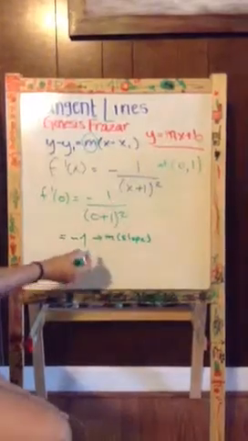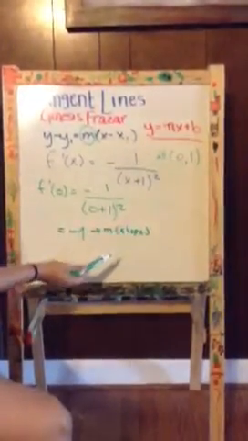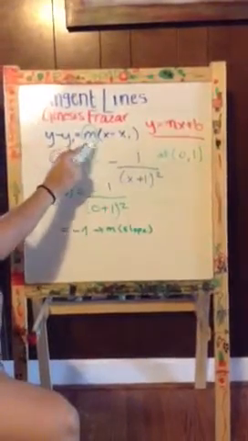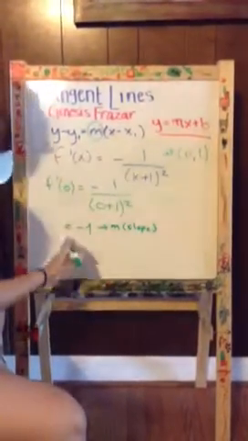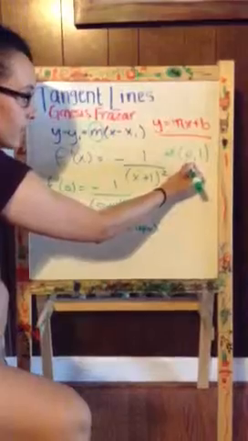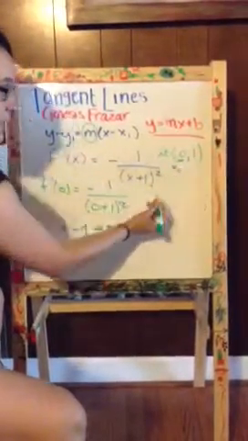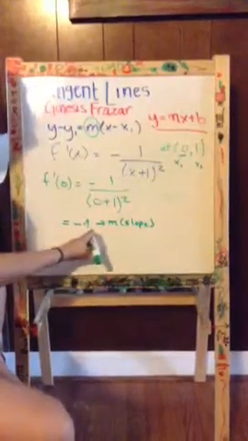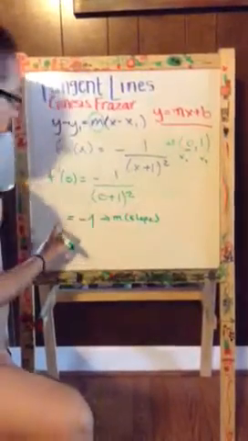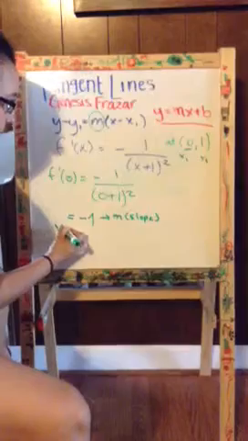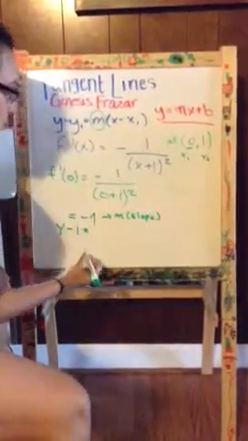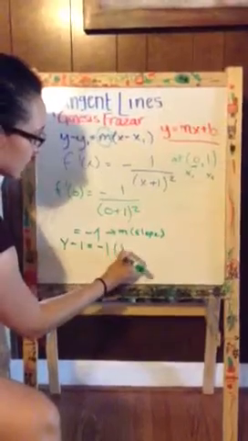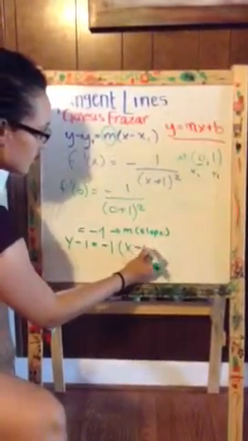And we're going to repeat what we did in the first problem. We're going to plug in what you know right here and then find the y. So we know the x1 is 0 and your y1 is 1 and your slope, your m, is negative 1. So y minus 1 equals negative 1 times x minus 0.